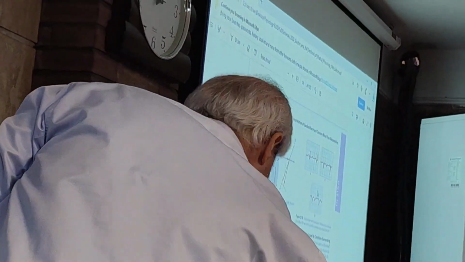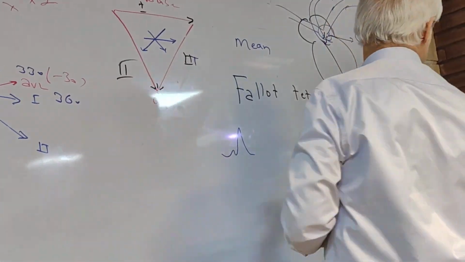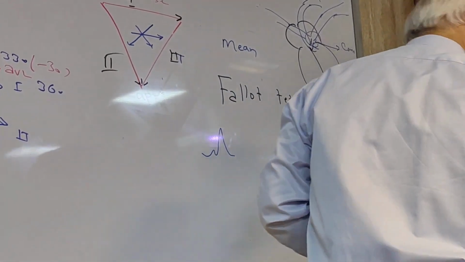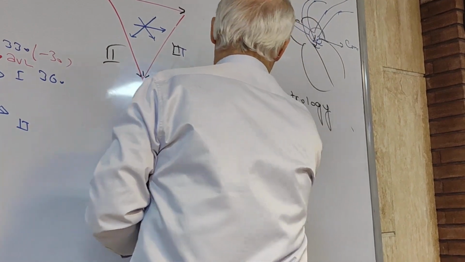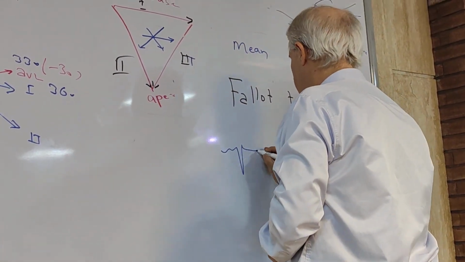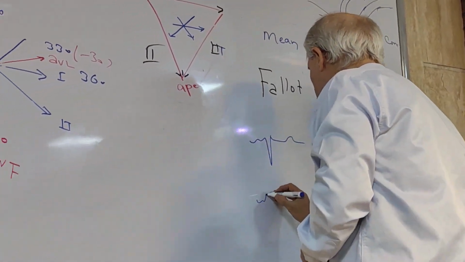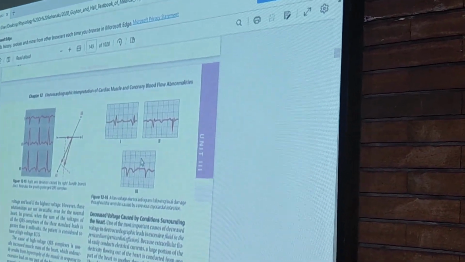See, in order to show you the cardiac axis, you have three traces. This is limb lead 1, this is limb lead 2, and this is limb lead 3.